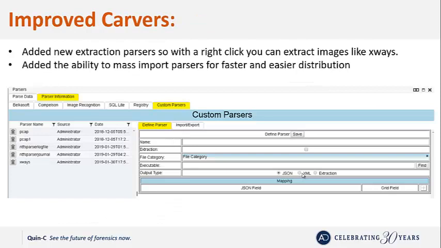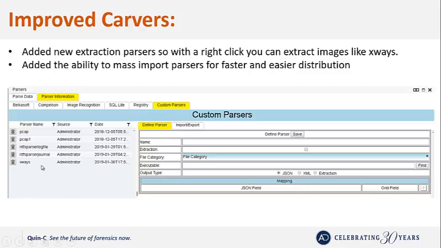We've done a lot with improved carvers. We've got a lot of people that wanted us to expand this capability, and so we've done so. Specifically, we've added an extraction carver. We've got an X-Ways carver available if you're interested. This allows you now to ingest an X-Ways file, not as an image, just as a straight file, and then right-click on it and extract it into the case.